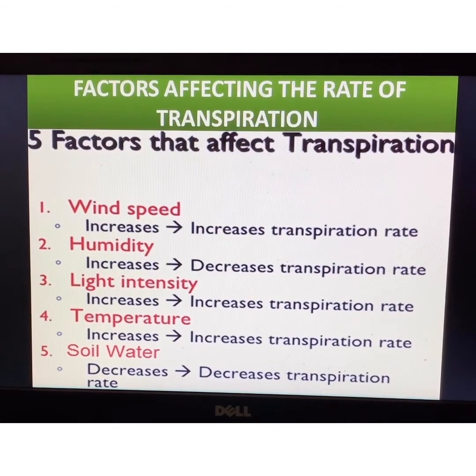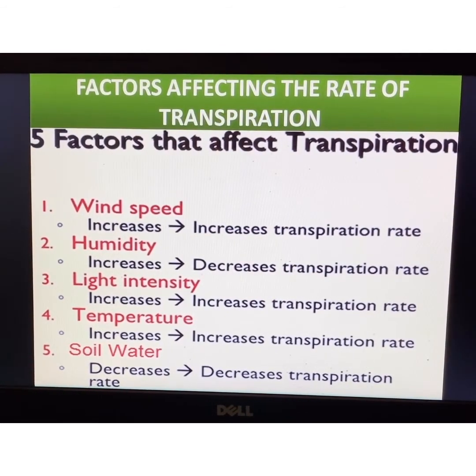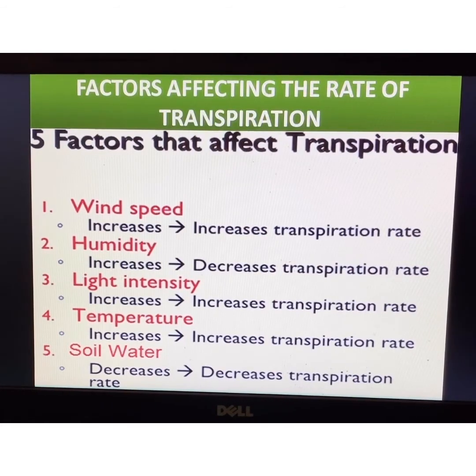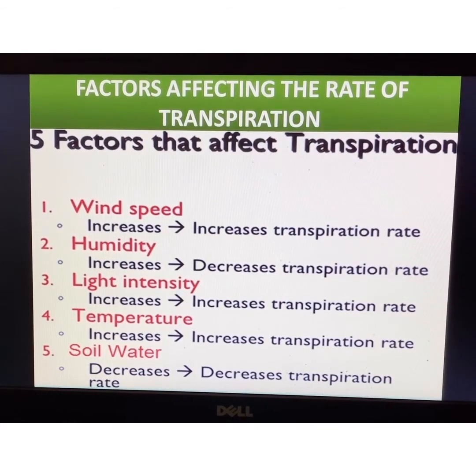So if I give you a reason, the leaves wilt on a hot windy day, your answer will be: the leaves will wilt on a hot windy day because the rate of transpiration is far more than the rate of absorption of water. Are you getting it? These are the 5 factors that you need to remember which affect the rate of transpiration. That is all for today.